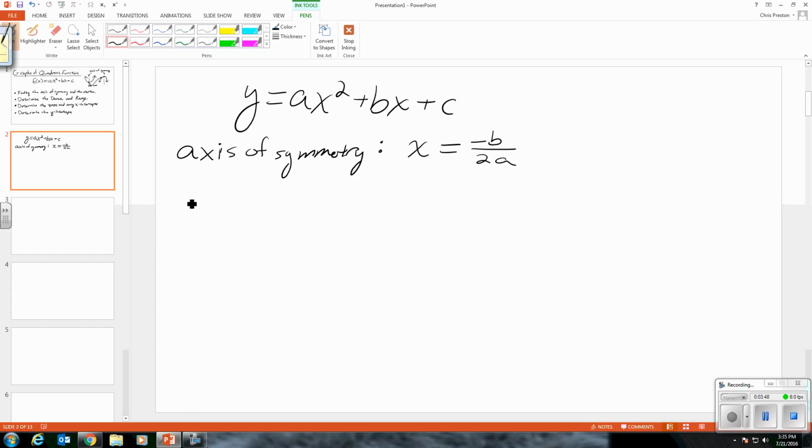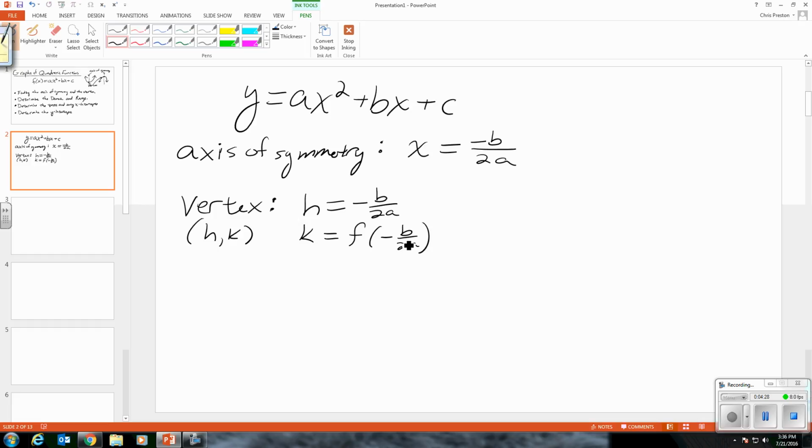Once you know that, then we can also determine the vertex. Generically, I'm going to say the vertex is a number, comma, number. I'm going to call the first number h, the second number k. The way you calculate the first number is negative b over 2a. That's the first value of the vertex, because the vertex lies on this axis of symmetry, so the x values, of course, are going to be the same. To determine the k value, you're going to do f of negative b over 2a.